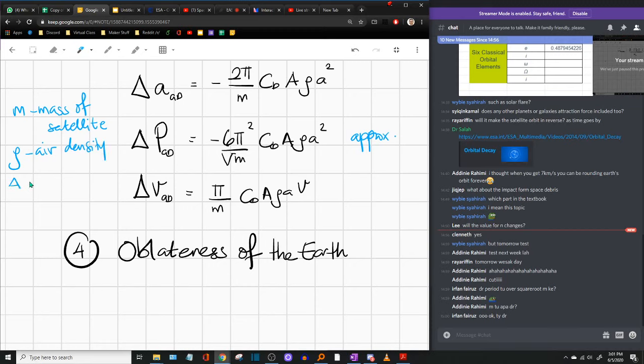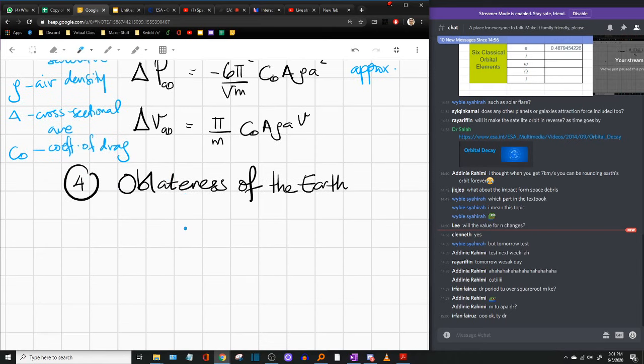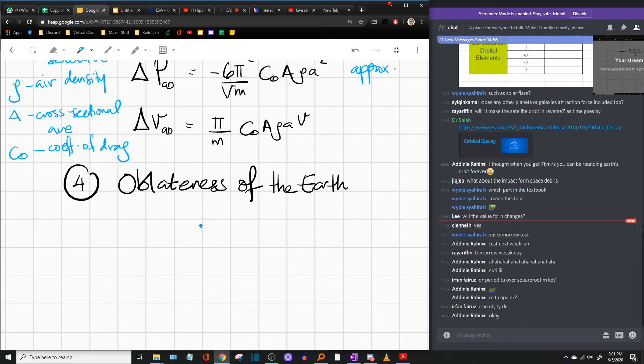A is of course the cross-sectional surface area, and C_D is of course the coefficient of drag.